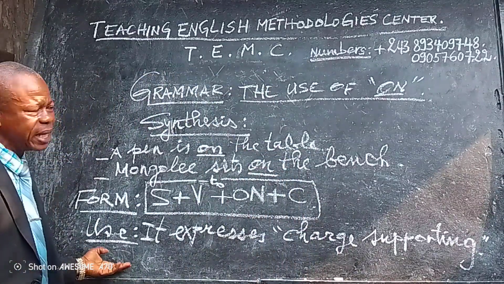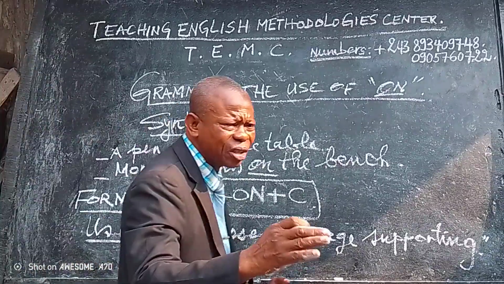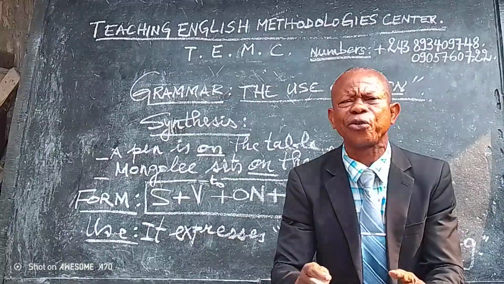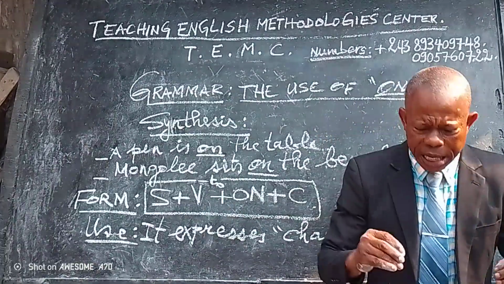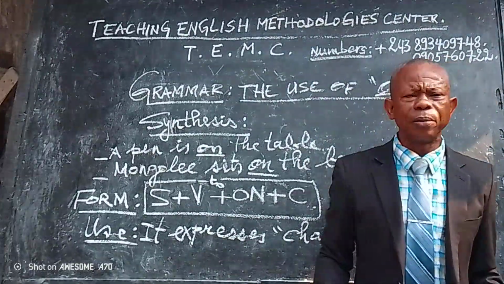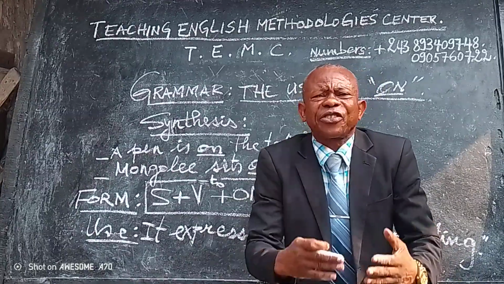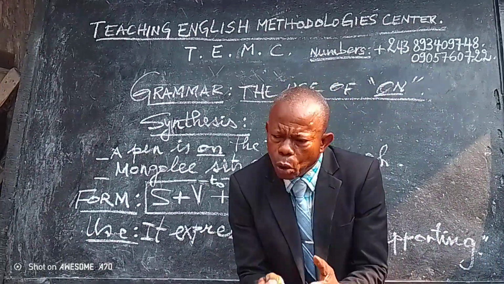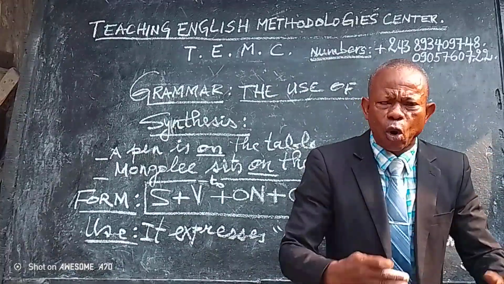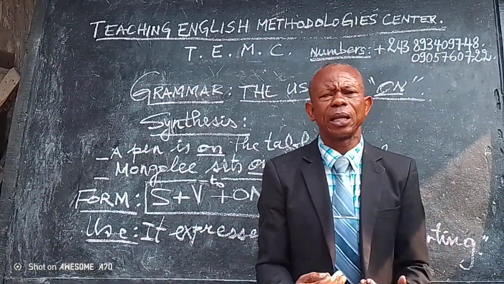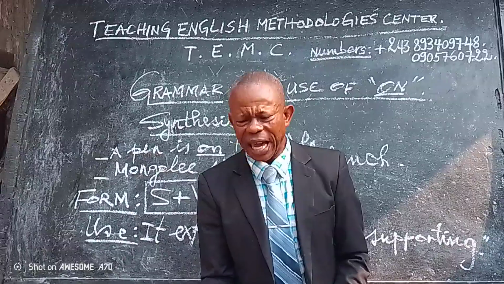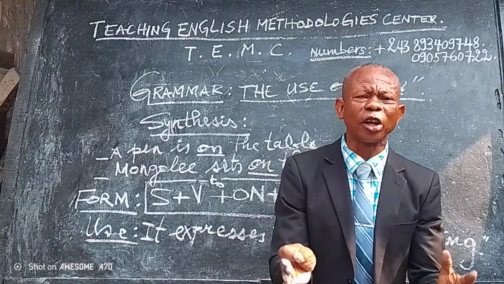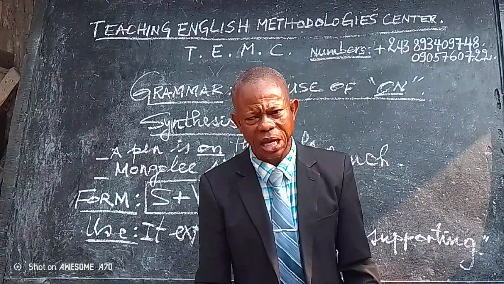Here, you have to ask pupils to make sentences with the use of on. If you're not in the classroom, you may give them an assignment or homework so that they do it at home and bring it next day to school in order to be solved together.